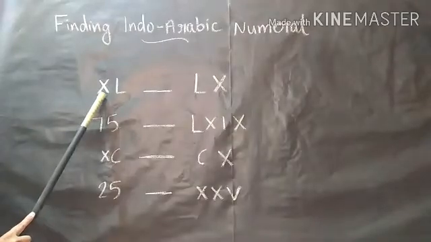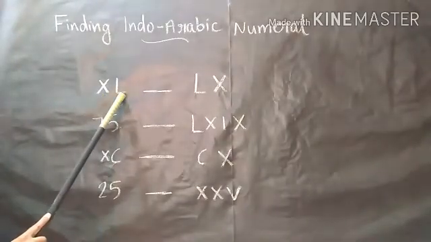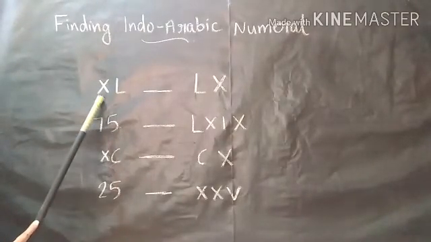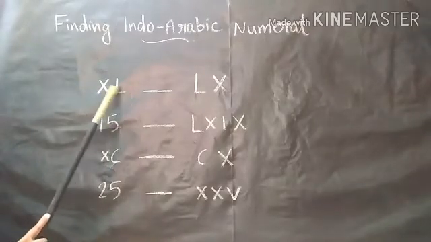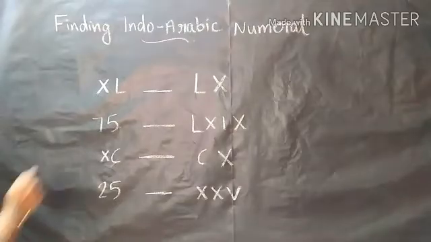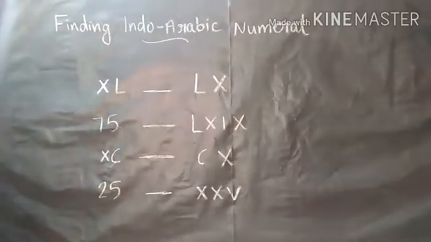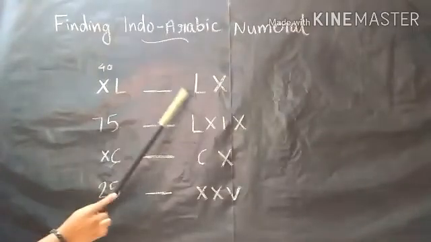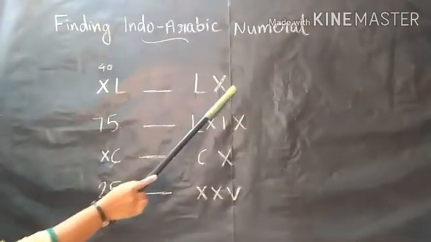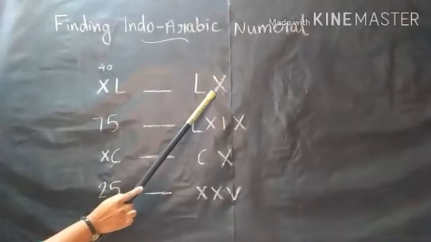Here the smaller value comes on the left side of a bigger value, so we should do subtraction here. That means the value of L is 50, 50 minus 10. We will get XL is 40. LX, smaller value on the right side of a bigger value. We should do addition.